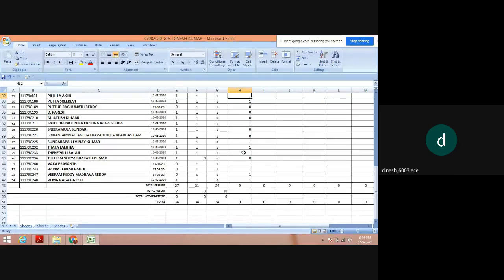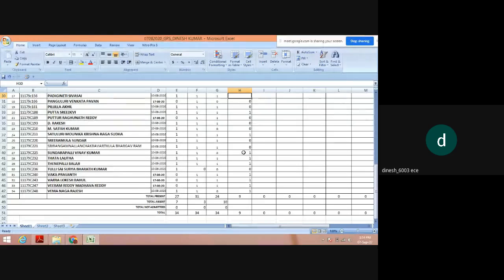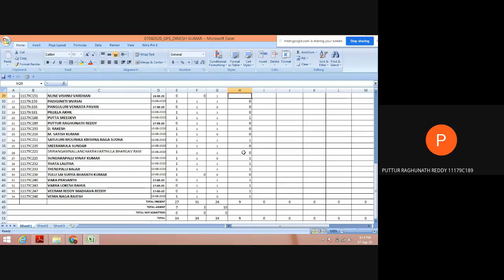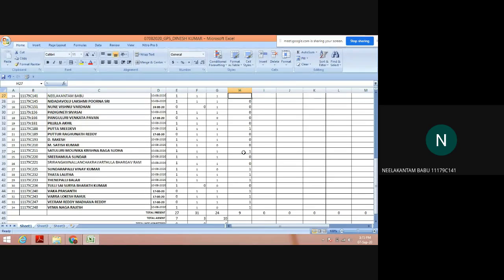Akhil, Venkat Pavan, Sivasai, Vishnu, Purnashri, Babu, yes, sir.